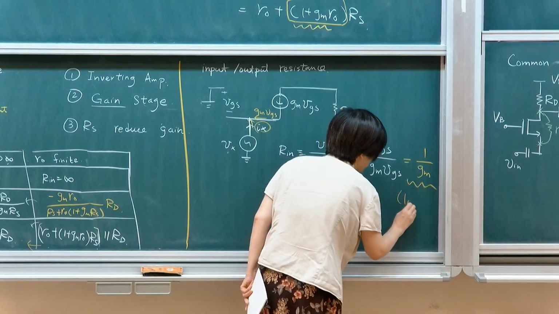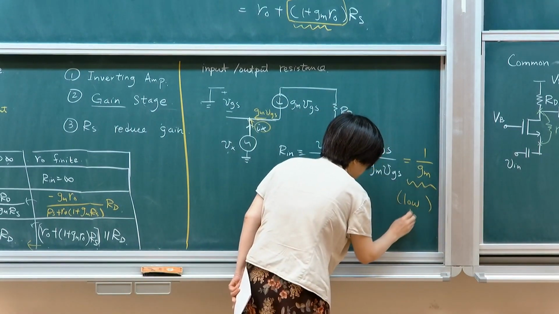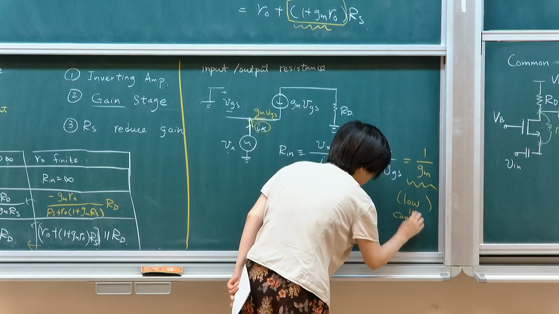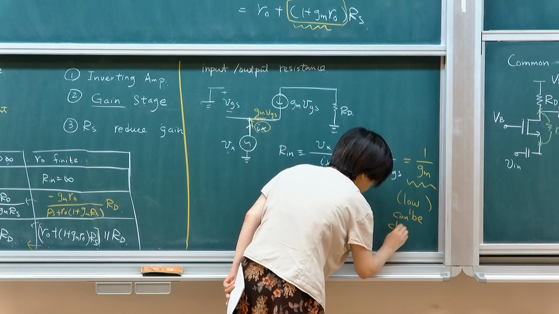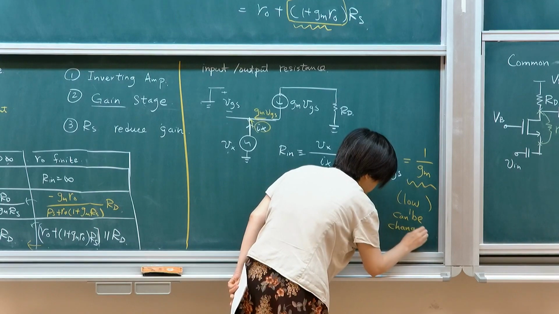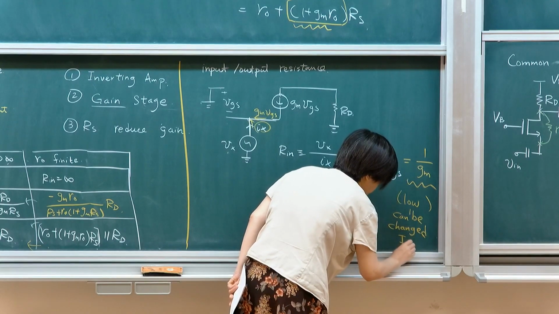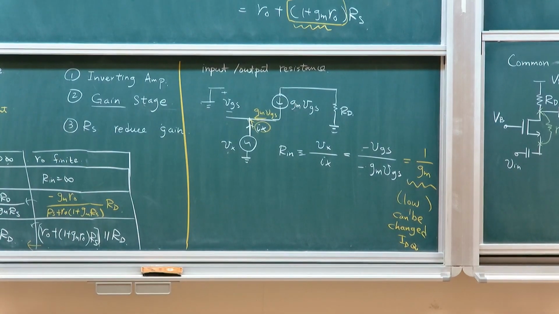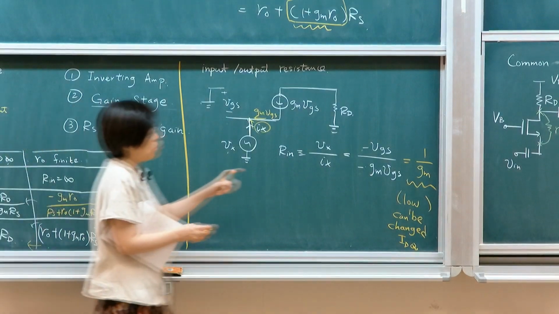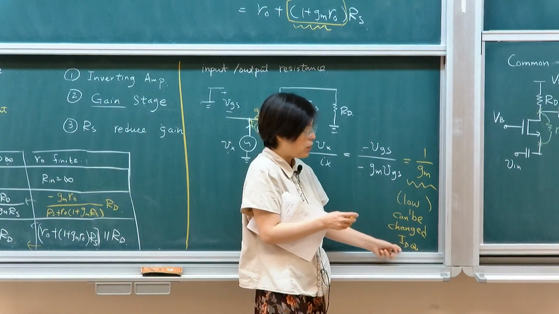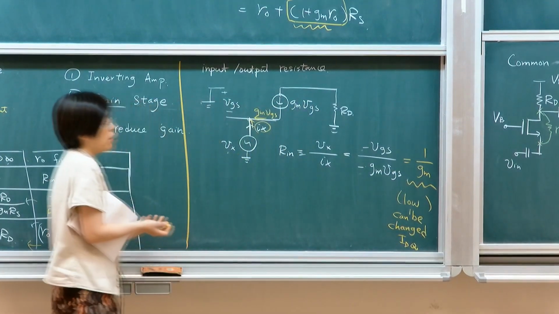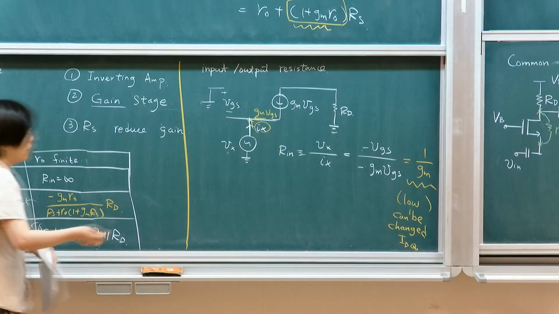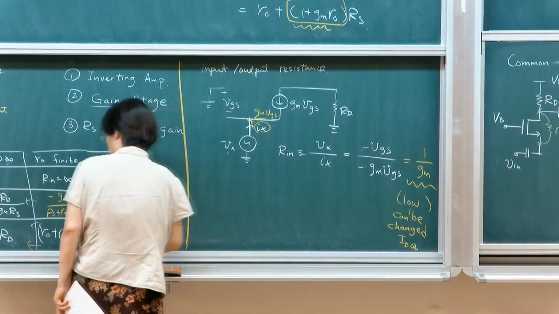This is typically fairly low and can also be adjusted. For impedance matching, by biasing, you can design and adjust by changing your device size and biasing current to make your gm meet whatever level you want. So let me write it down.